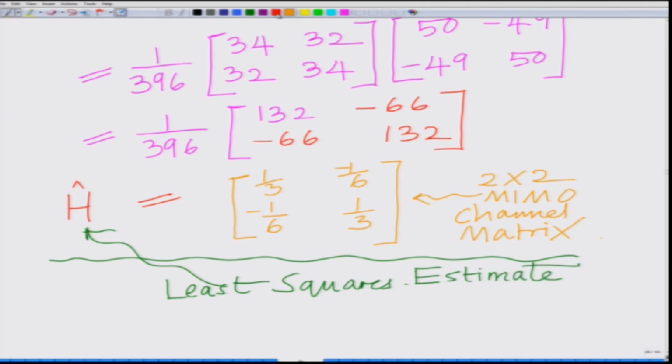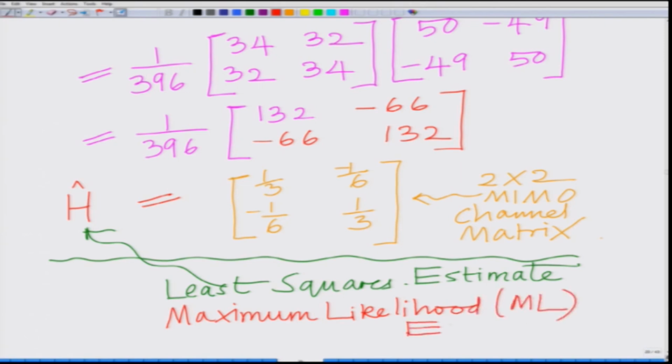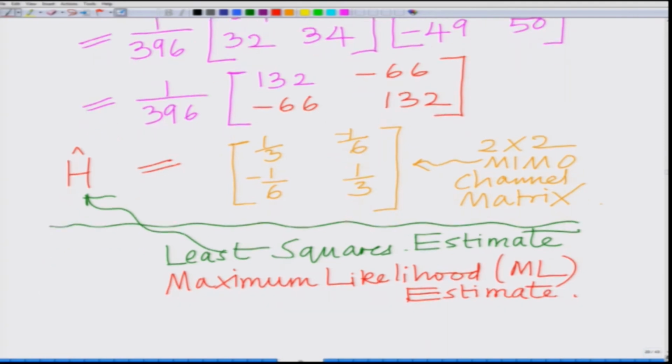So, you can also term this as the maximum likelihood estimate, basically your ML estimate of the channel matrix H. Okay. So, this is 1 over 3, minus 1 over 6, minus 1 over 6, 1 over 3, that is the estimate of the 2 cross 2 MIMO channel matrix.